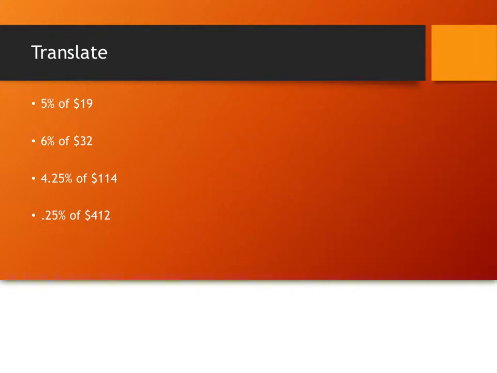I'm just going to go through these step by step. And again, if my pen isn't as bright or isn't as good, maybe I'll have to redo this. In this case, 5% is 0.05 times 19. 6% of 32 is 0.06 times 32. 4.25% is 0.0425, and that's times 114.